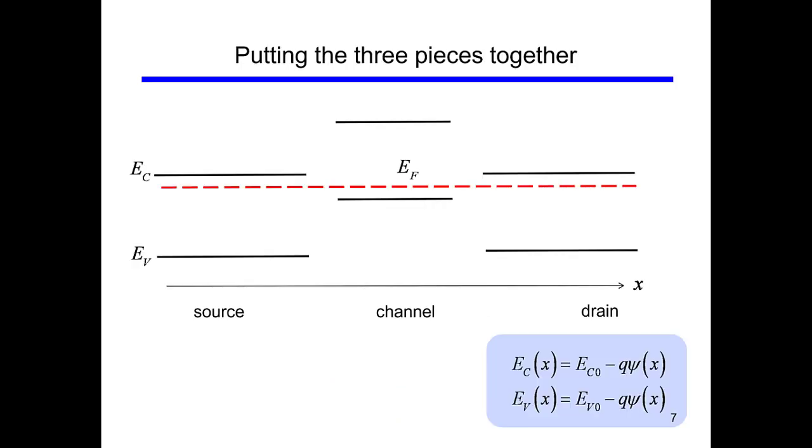So when we join the three pieces together, there will be electrons from the source region, and here is the drain, which also has electrons, and here in the channel we have an excess of holes. So a random flow of electrons from one direction to the other will start, and the net current will be zero.